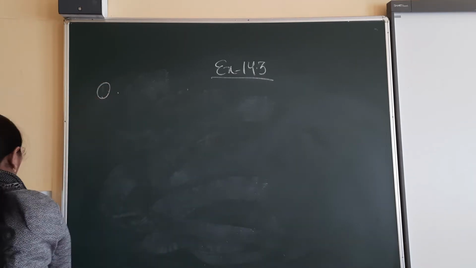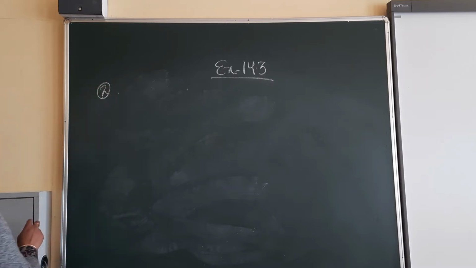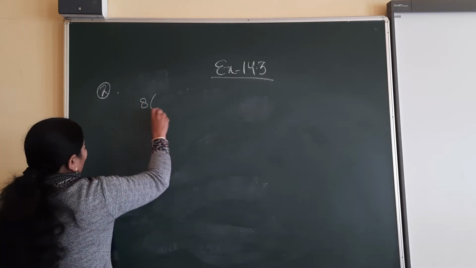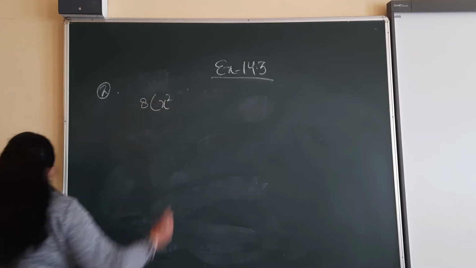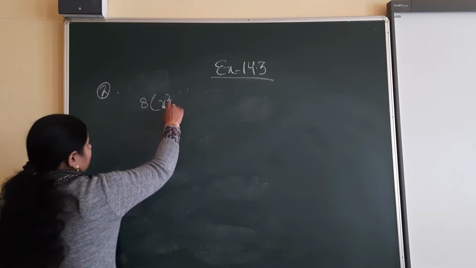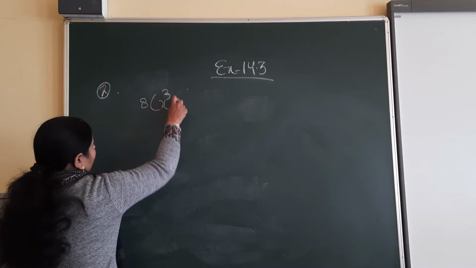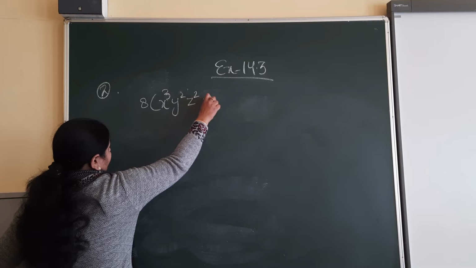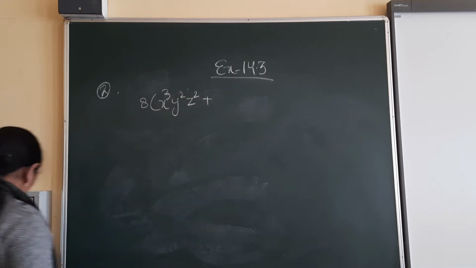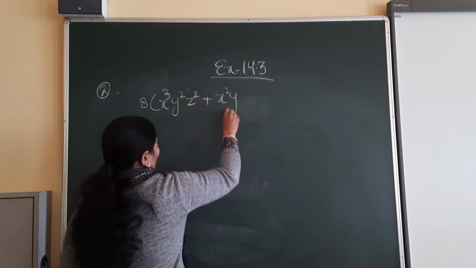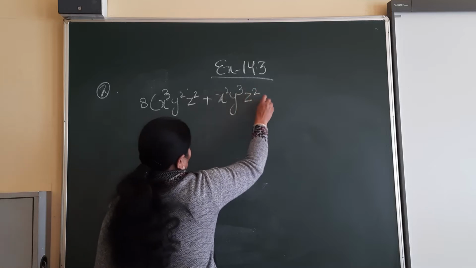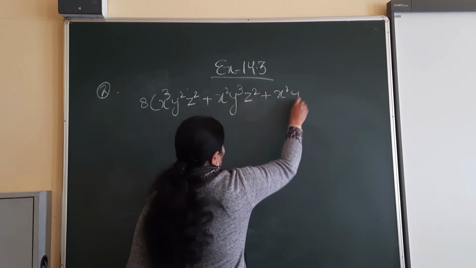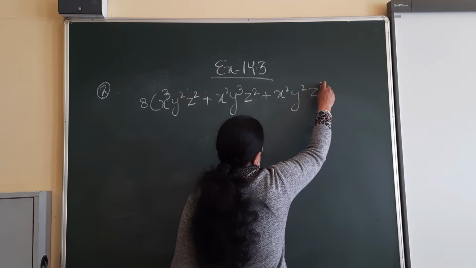From question number 2, third part, we have an expression. In the numerator we have a trinomial: 8x cube y square z square plus 8x square y cube z square plus 8x square y square z cube.